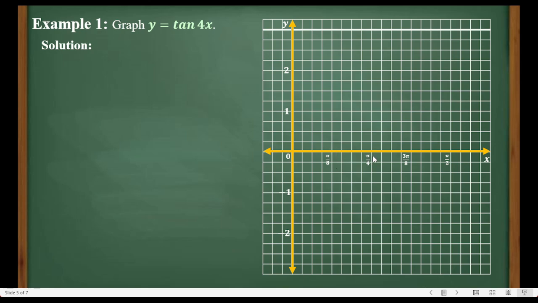You add another pi over 8, that is pi over 4. Then another pi over 8 from pi over 4, we have 3 pi over 8 and then pi over 2. Okay. So for every coordinate of pi over 8, there is a corresponding 4 units. That is the interval, no?